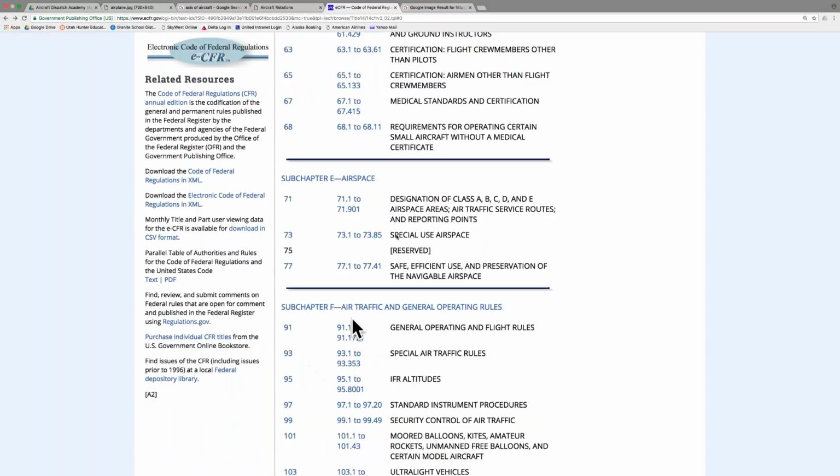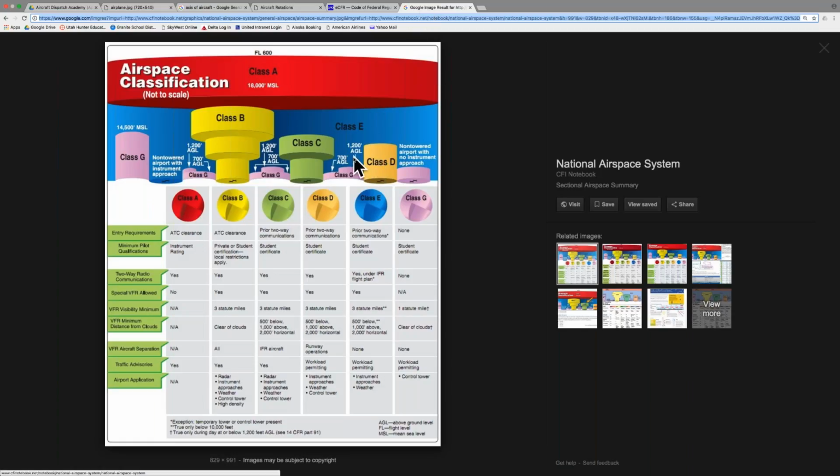But anyways, yeah. So class, when we talk about airspace, this diagram will help you understand the restrictions. You have to actually have certain certifications in order to fly in certain airspaces.